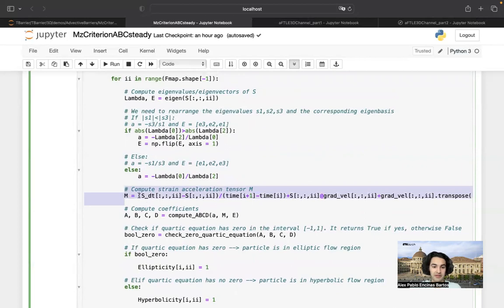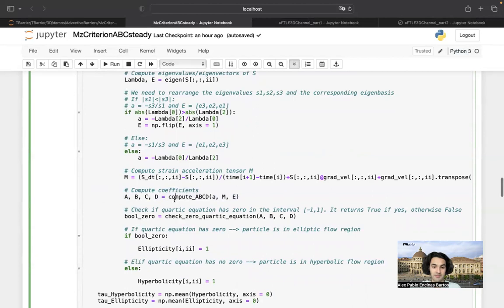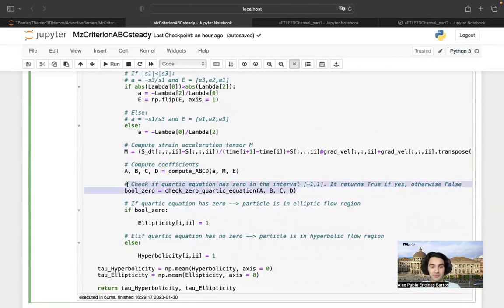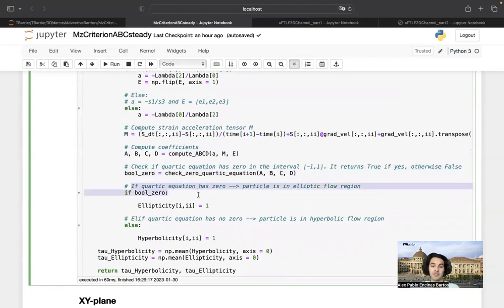Here we compute the strain acceleration tensor. Here we compute the coefficients. Here we check whether the coefficients lead to zeros in the time interval -1, 1 in the quartic equation. If the quartic equation has a zero, then the particle is in an elliptic flow region.